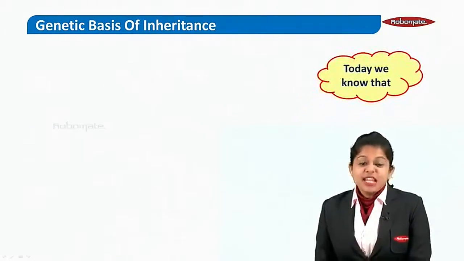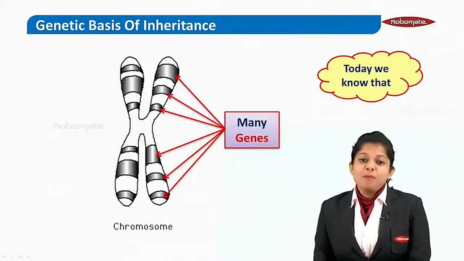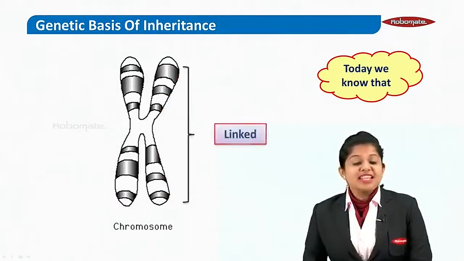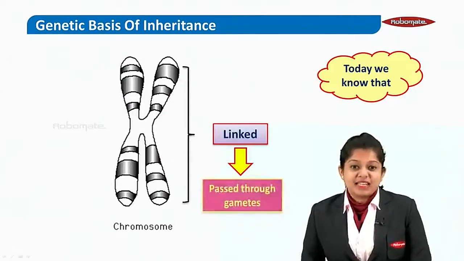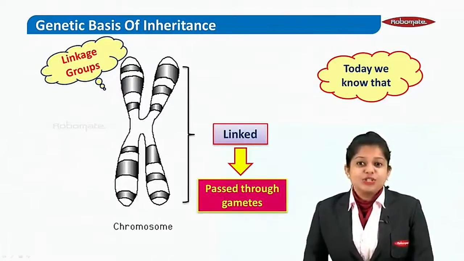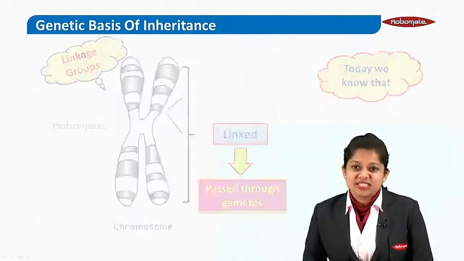Now, in today's world we know that each chromosome comprises many genes. We can say that all these genes are linked and thus can be inherited or passed through the gametes together as linkage groups during meiosis.